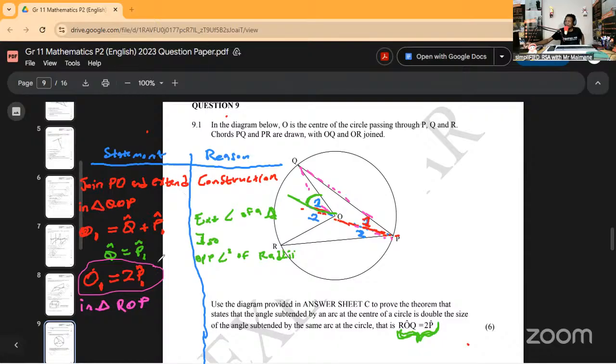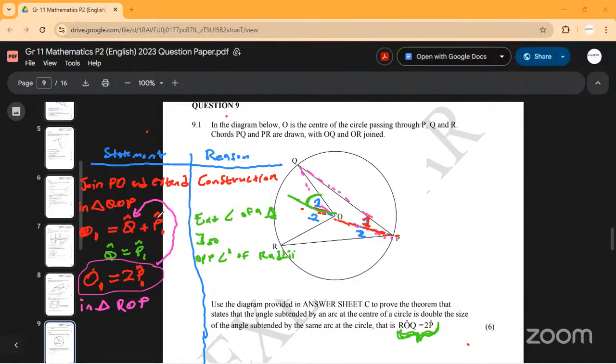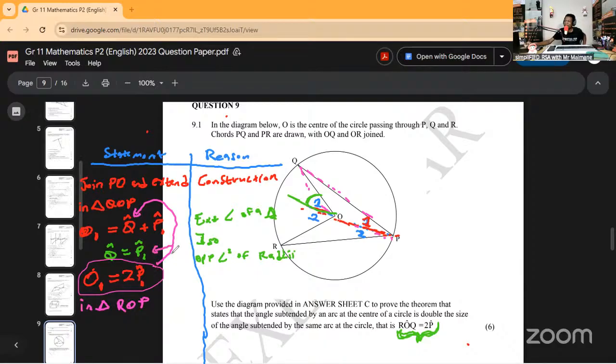So if we're to take this, where there's Q, we put P1, we would have P1 plus P1, because we proved here that P1 is equal to Q. So where there's Q, we can put P1 because they are equal.